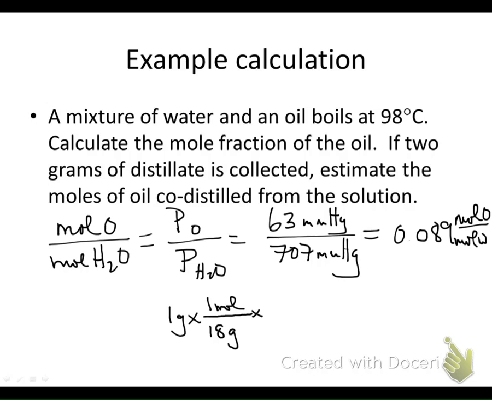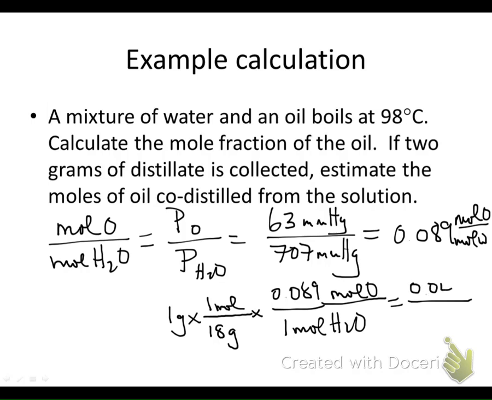You can then just use that mole fraction that we calculated earlier directly, and calculate the moles of oil collected. So for every gram of distillate, I'm getting about 0.0495 moles of oil.